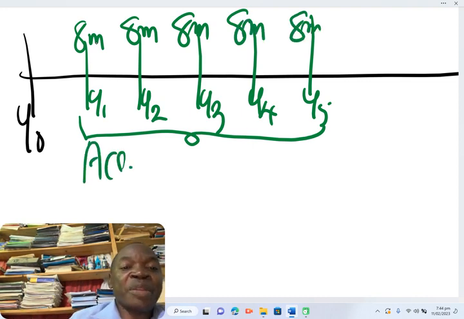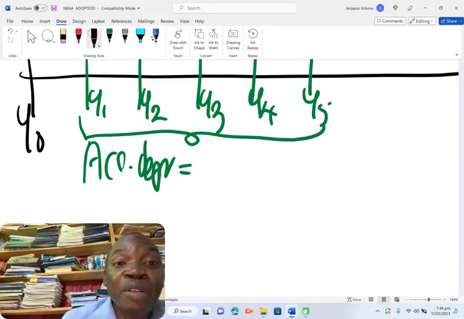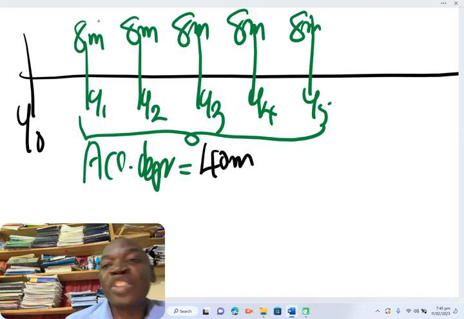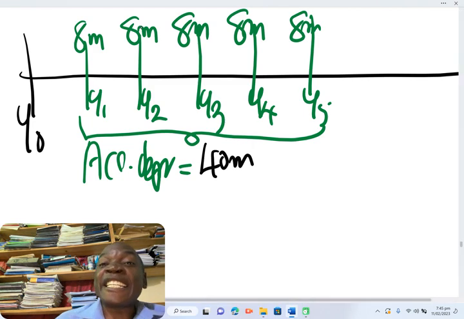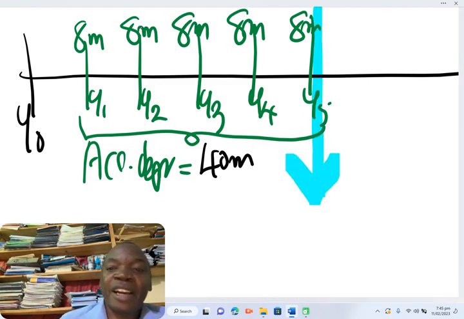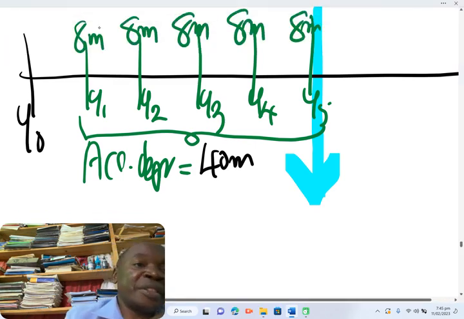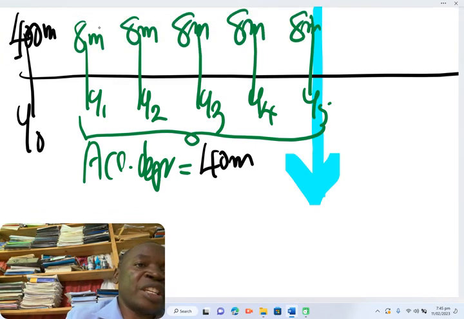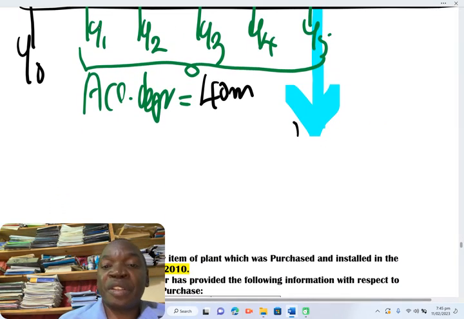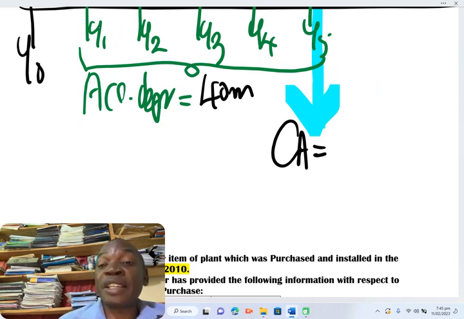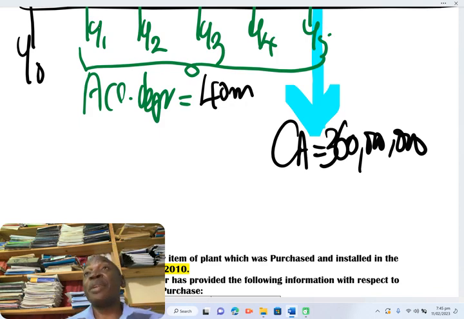So what is accumulated depreciation here? 40 million has gone. So now we're saying the carrying amount of an asset at the date of revision here is what? You take 400 million, which was the cost initially, minus 40 million. How much is the carrying amount at the date of revision? 360 million. You get a point?